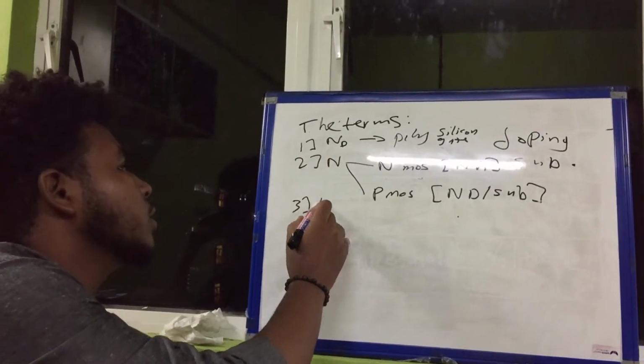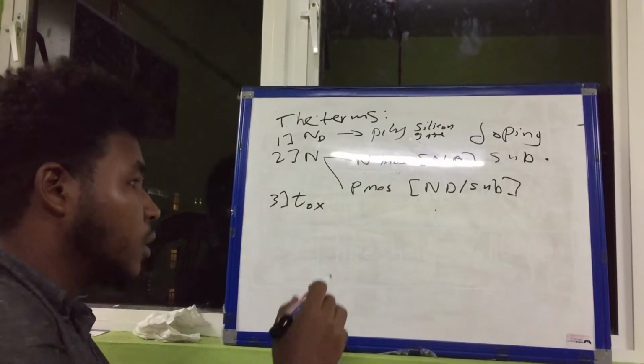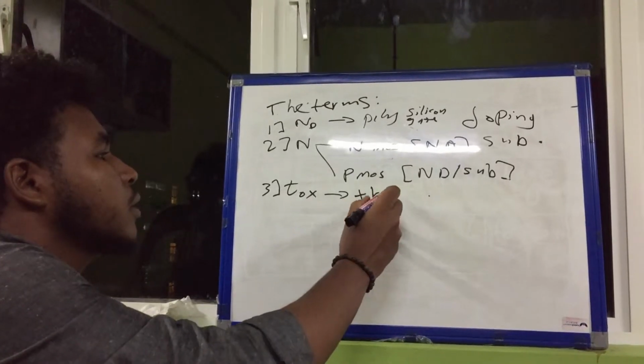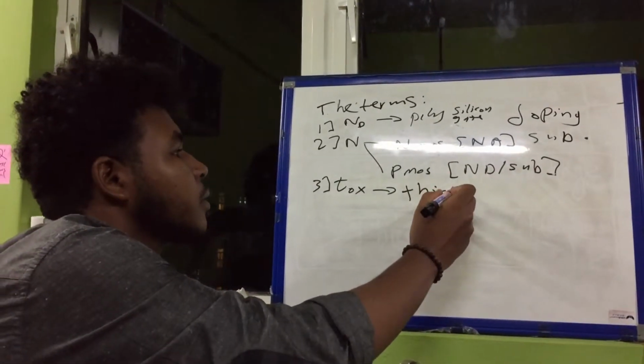Okay. Now number 3. Number 3 is TOX, which is thickness.